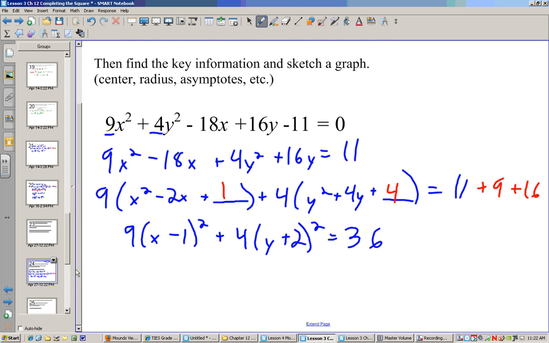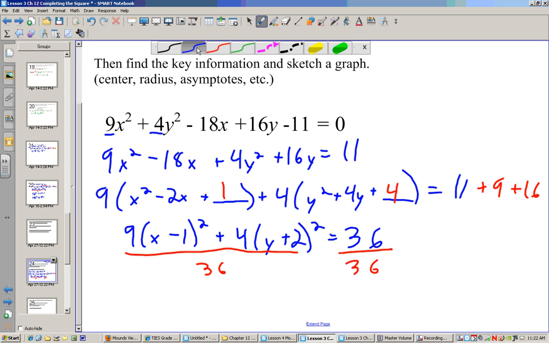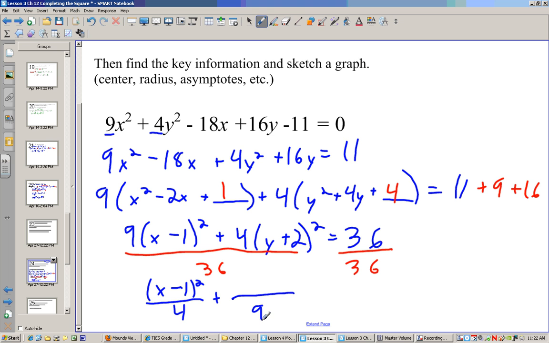Now to put this in standard form, we need to divide by 36. So this will be x minus 1 squared, 9 over 36 is the same as 1 over 4, and 4 over 36 is the same thing as 1 over 9.